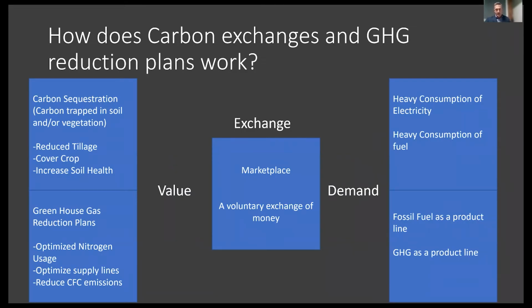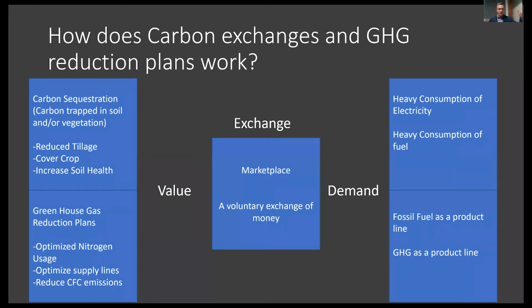So how does a carbon exchange and a greenhouse gas reduction plan work? Well, this is it in a nutshell. The markets are voluntary. As I said, there's no regulatory framework. But on the left-hand side here, you have what I'd call the sellers of excess.